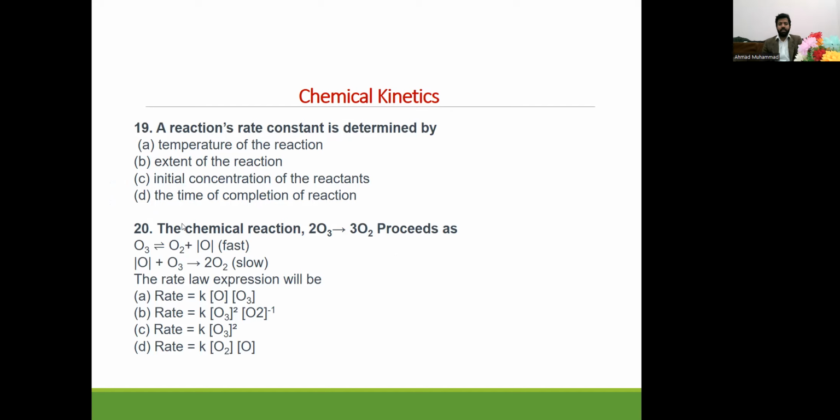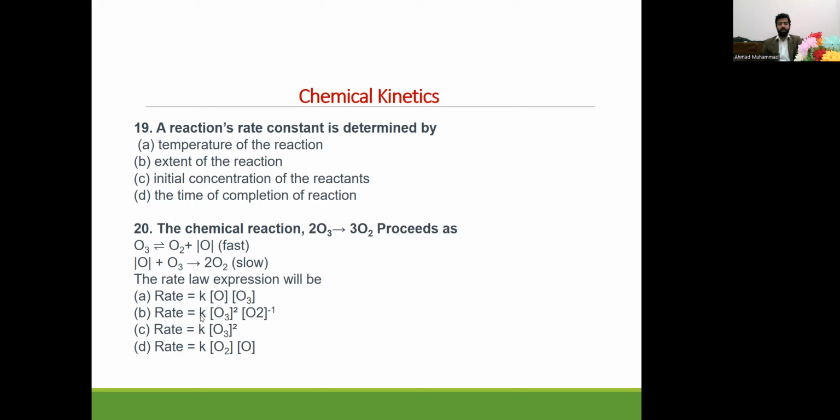Question number 20: the chemical reaction ozone going to oxygen proceeds in two steps. First step, ozone going to oxygen plus atomic oxygen. Then atomic oxygen reacts with O3, going to 2O2, which is the slow step. The first step is a fast step, the second step is a slow step. The rate law is expressed in the following four options. First option is rate equal to K into concentration of oxygen into concentration of ozone.